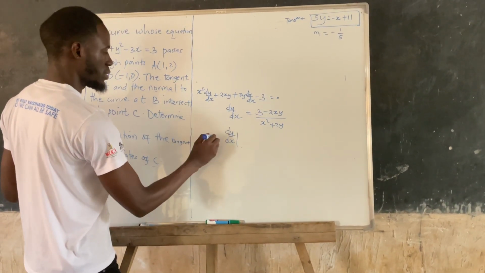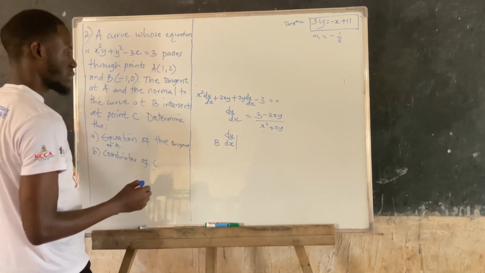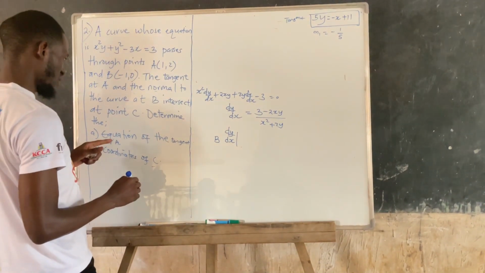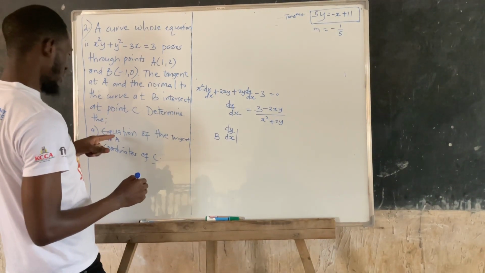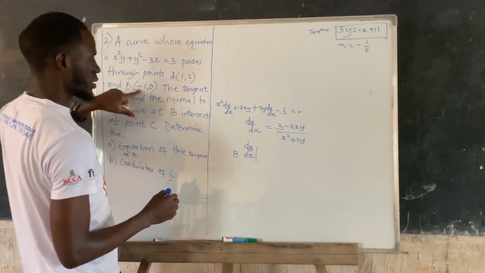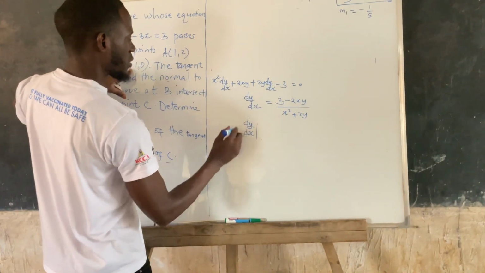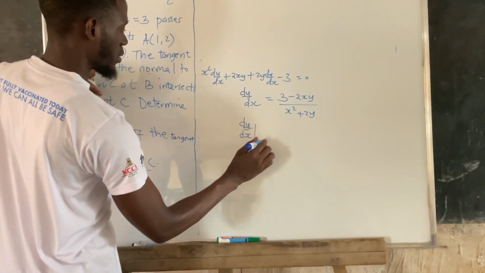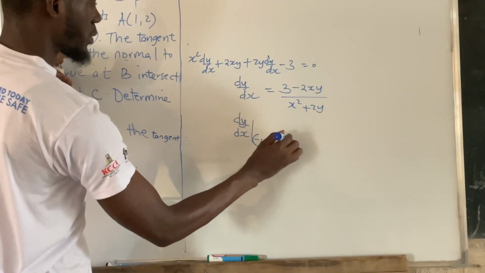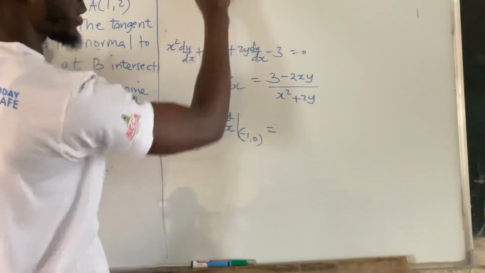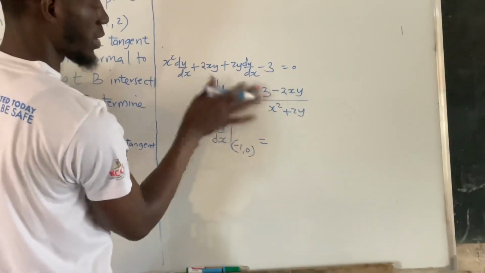So now at B, the x at B is negative 1, 0. B is at a coordinate which is negative 1, 0. So you substitute now, no need of differentiating the second time because you already have the gradient function.